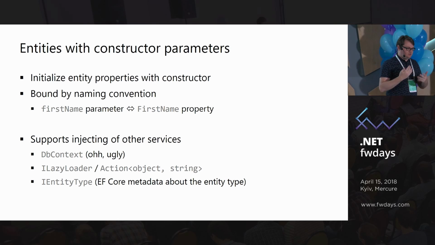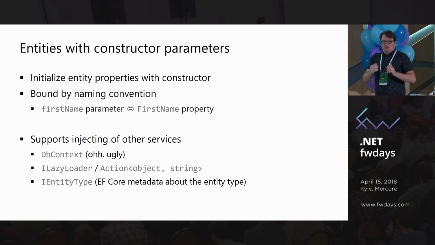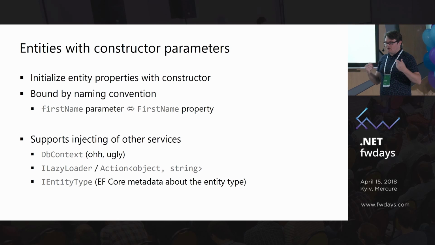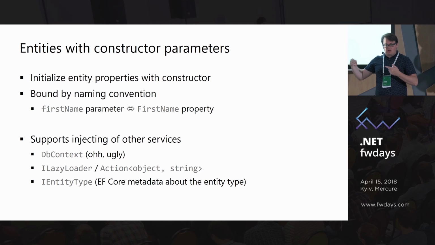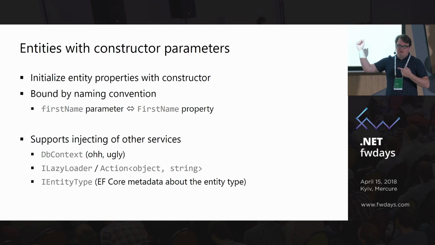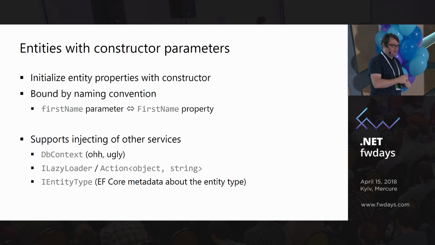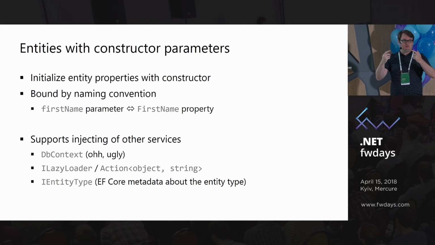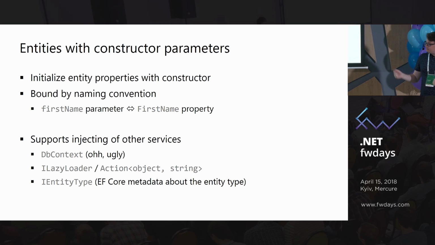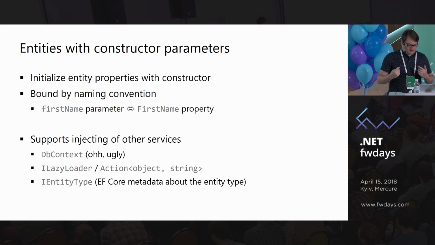So it makes your API a little bit nicer. You can deny creating an instance without some properties being set. You can say, whenever you create a blog, you must specify the blog name, because it's in the constructor. And EF Core will respect this, of course.